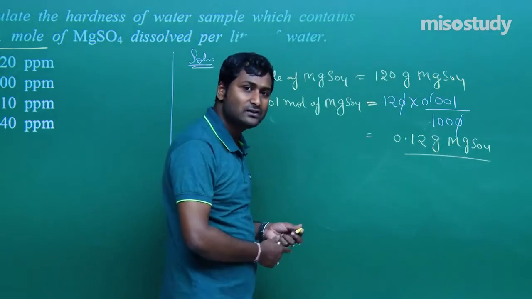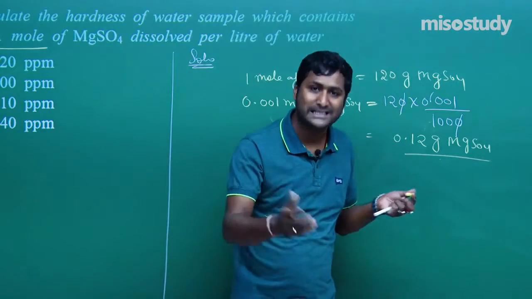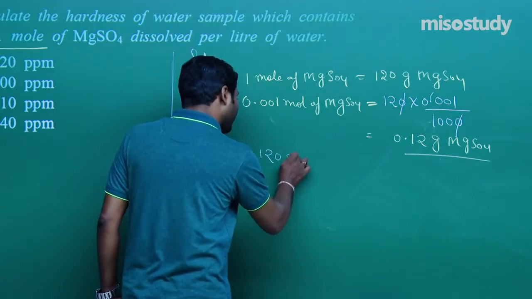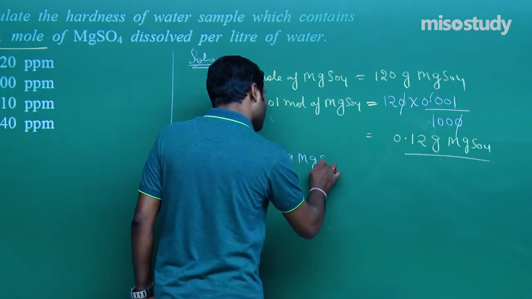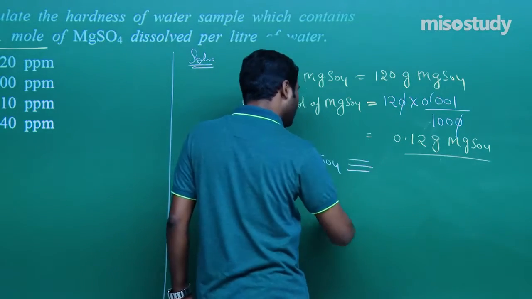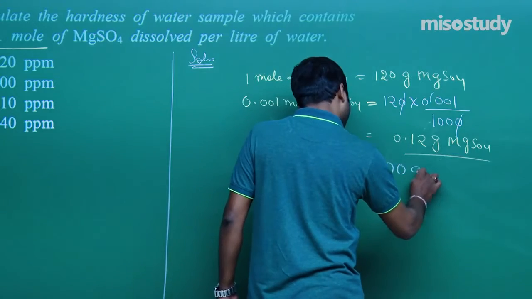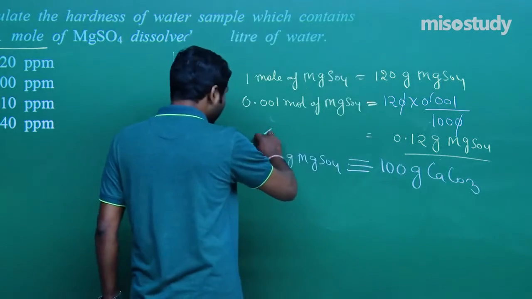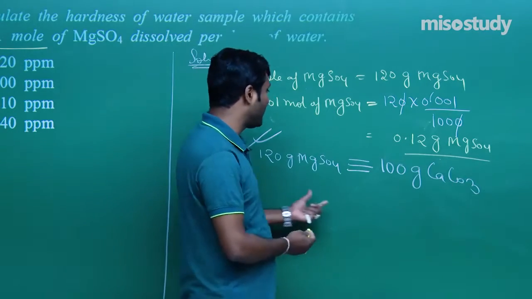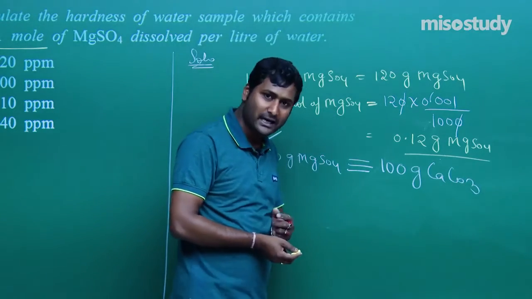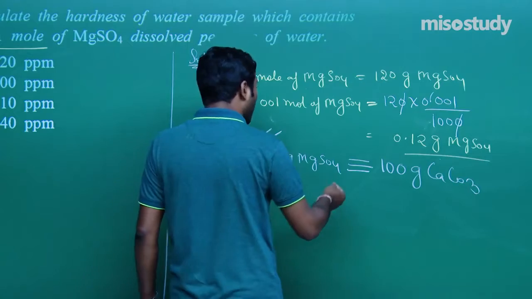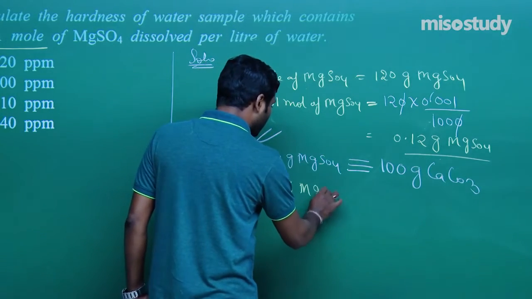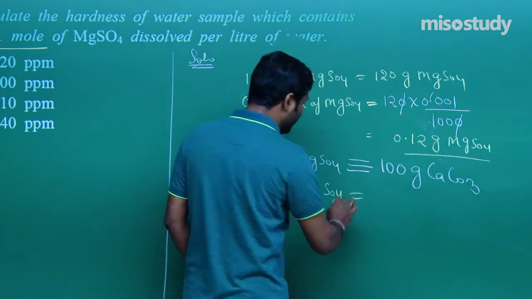Now, for hardness, what we take as the standard is CaCO3. As we know, 120 gram MgSO4 is equivalent to 100 gram CaCO3. I have discussed this concept during my lecture. Now, 0.12 gram MgSO4, sir, it's so easy.